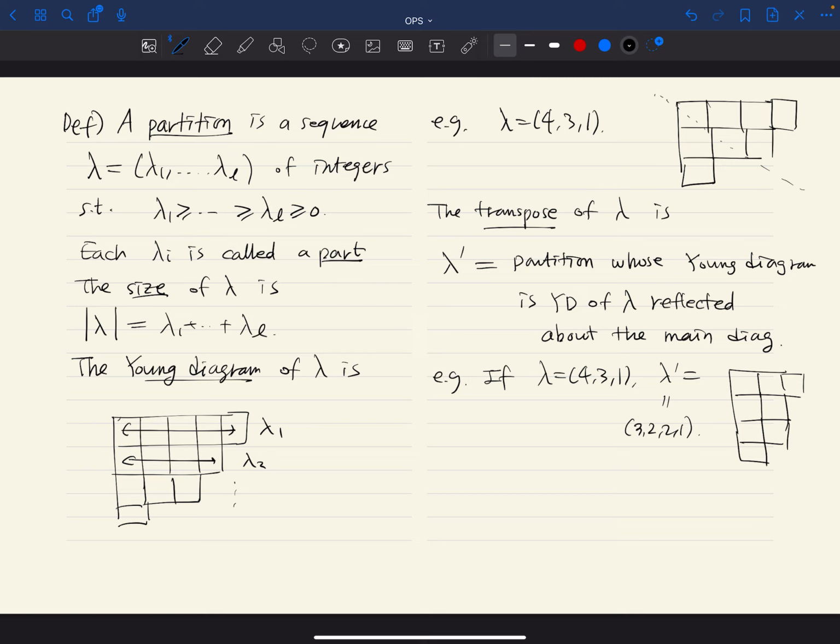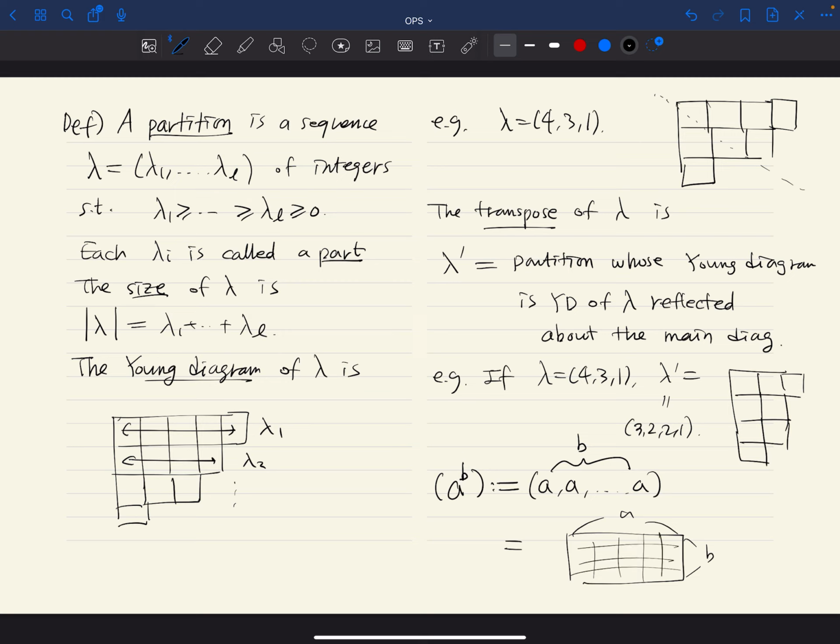And also some notation: a to the b means a, dot dot dot, with b a's. This is a shorthand for this sequence or partition. It's a rectangle, where this is a and this is b. Oh yeah, and one more.